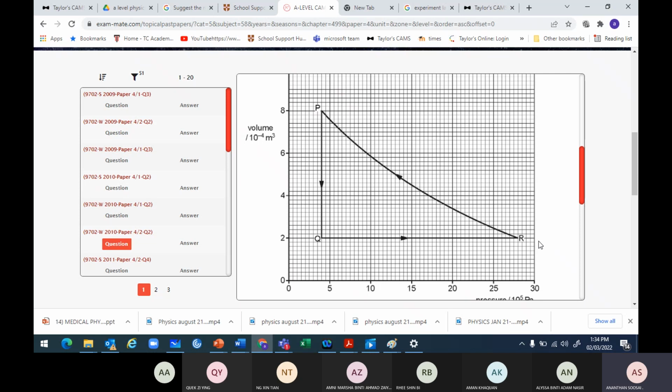You can discuss with your friends. You can check with your friends. Do you get the same answer? The first value you can always find is the work. Then you can find the third value in that row.